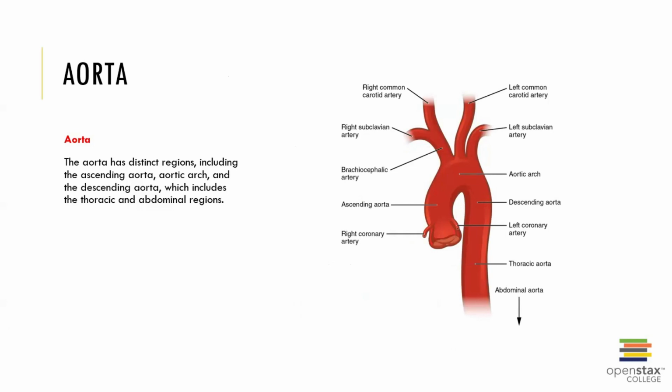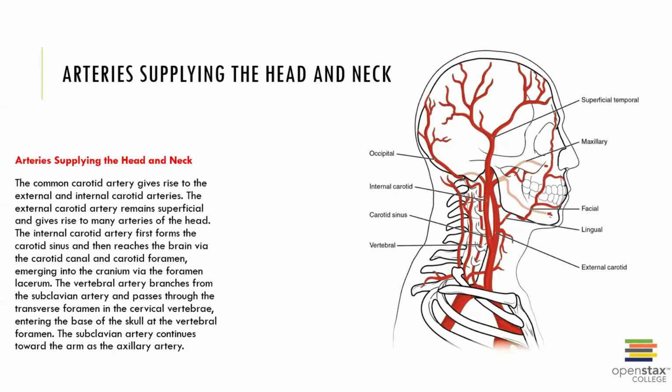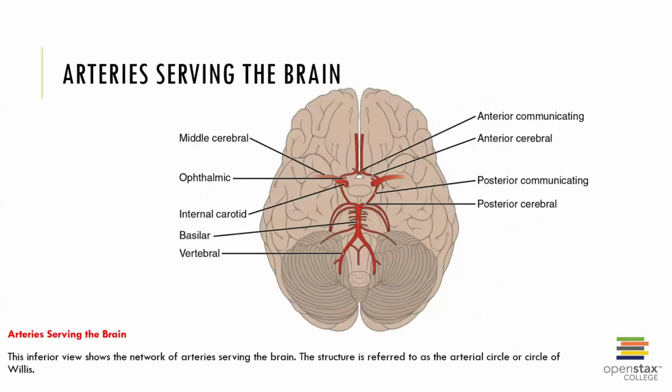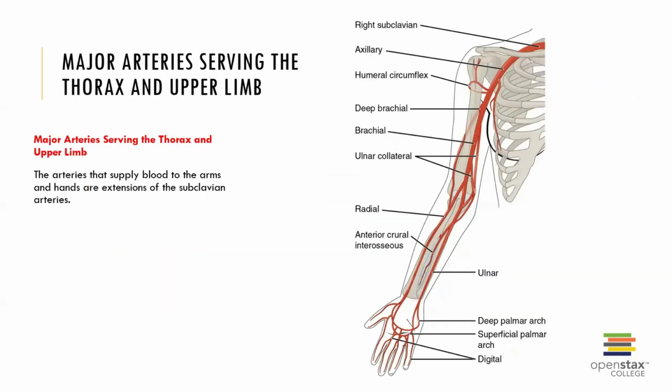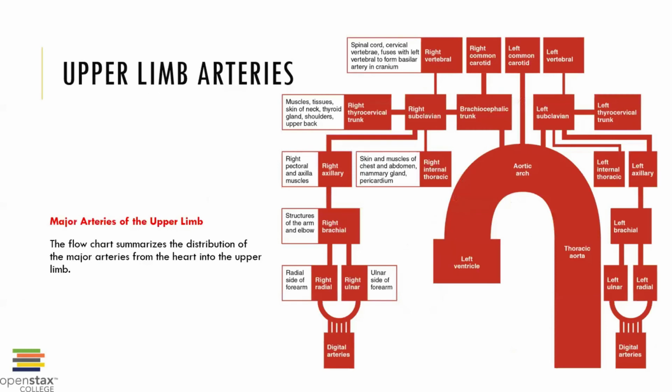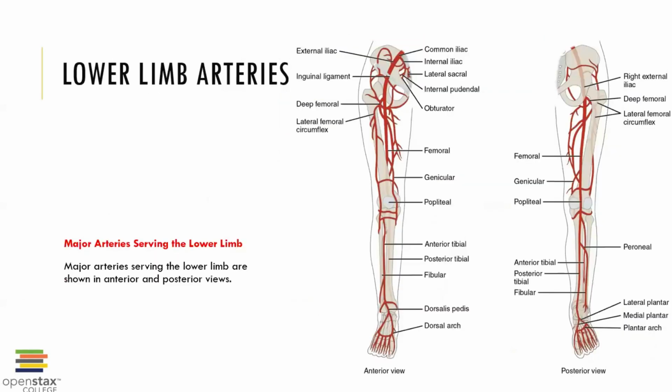We have the ascending aorta, the aortic arch, the descending aorta, and that's going to include the thoracic and abdominal regions. Here's a close-up look at the arteries that supply the head and neck, and then a look at the arteries serving the brain from the inferior view. Arteries serving the thoracic and upper limb, and the lower limb.